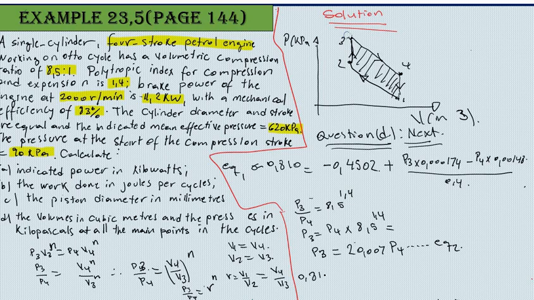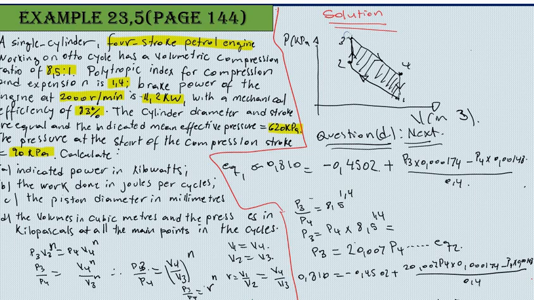I have 0.810 is equal to negative 0.4502 plus P3, which is given by 20.007 P4, and then I multiply it by that value here, 0.0000174, minus P4 multiplied by 0.00148, divided by, so I need to divide this side only, 0.4.